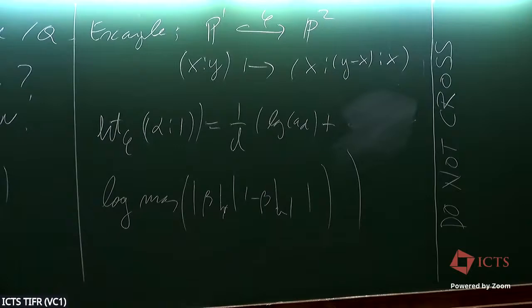Now, all the heights that I have defined, the Weil height or any of these algebraic heights, satisfies this Northcott property, which appeared already in the talk by Fabian, and is in some sense the important property of a height.